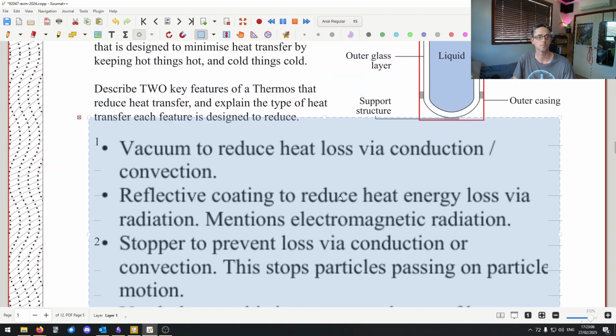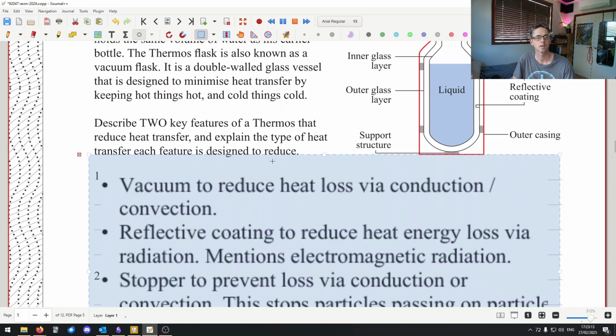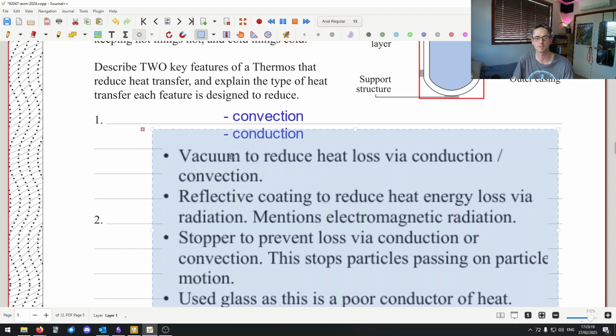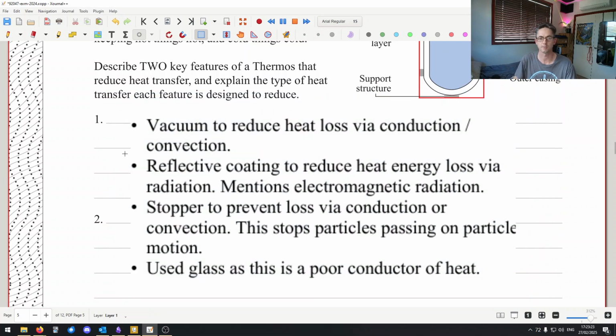So we've got the vacuum in the middle between the two glass layers to reduce heat loss via conduction and convection as well. Because there's a vacuum, there's no particles in there, so you can't get conduction of heat. You can't get convection of heat because there's nothing in there. It's a vacuum.